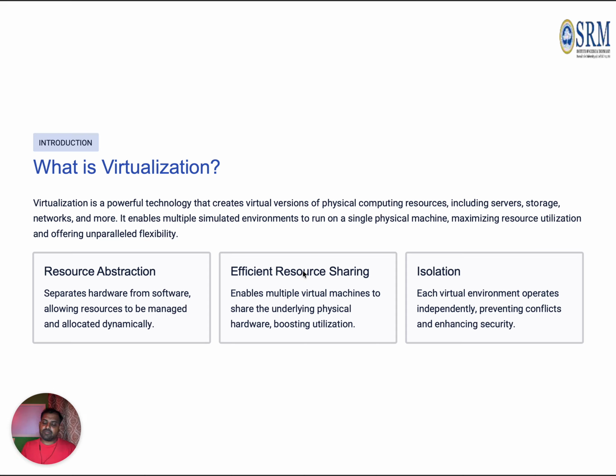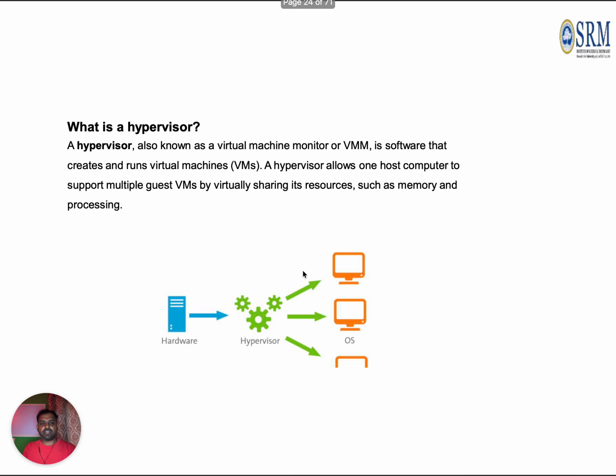So let's not focus on system software, let's focus on other things. One very commonly used virtualization is the hypervisor. A hypervisor is a kind of middleware software which can create or simulate virtual machines.